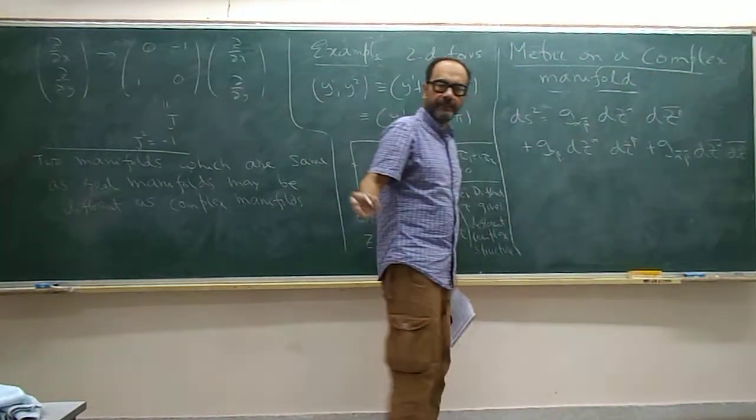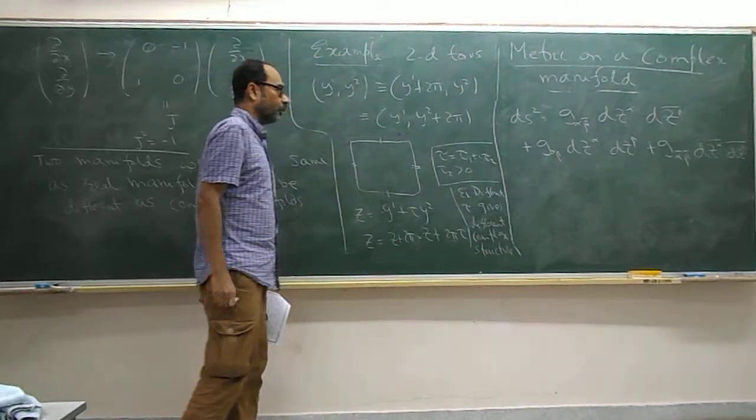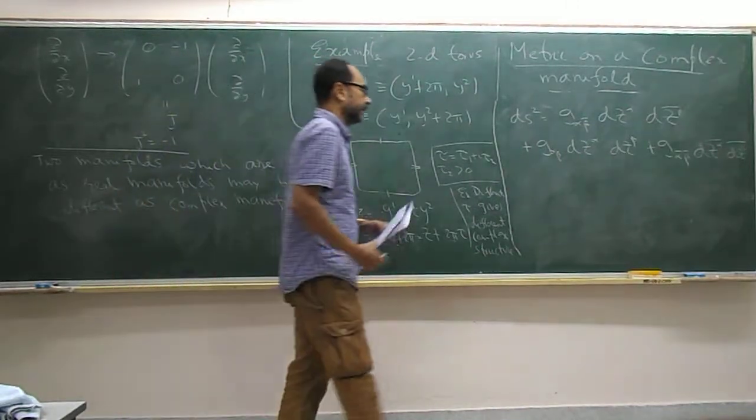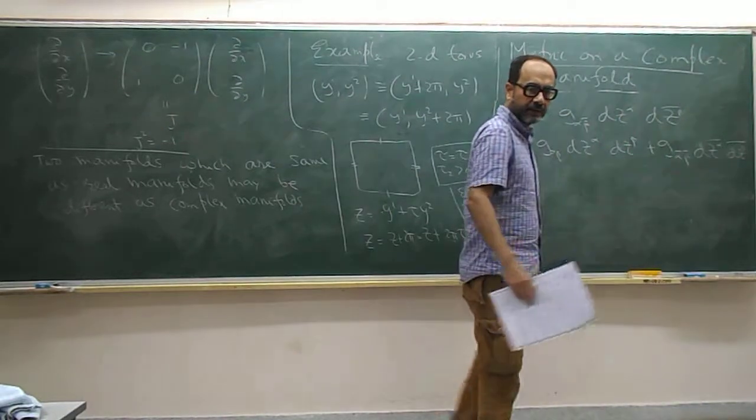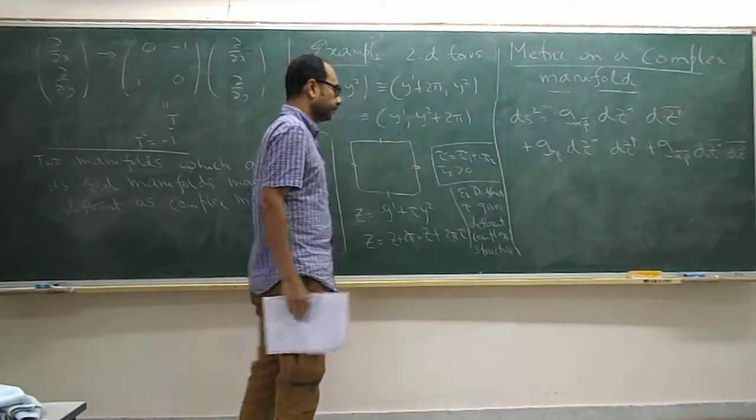I have just written the metric in the complex coordinate system, but it's basically the same as g_ij or g_mn dx^m dx^n, if the x^m are a real coordinate system.